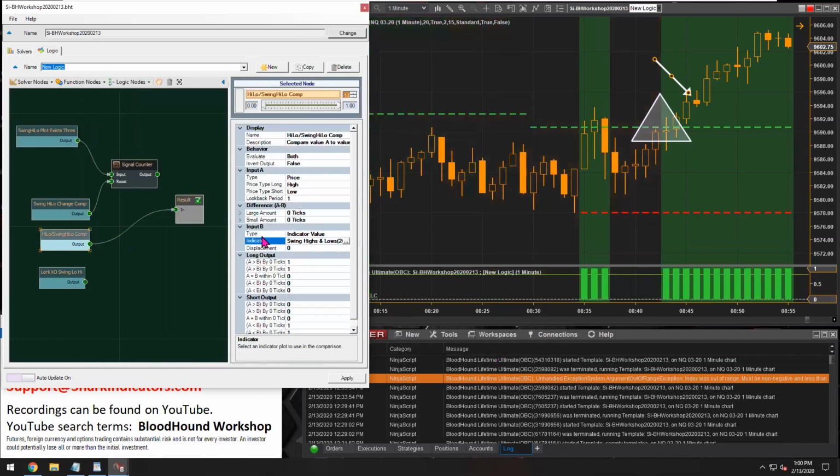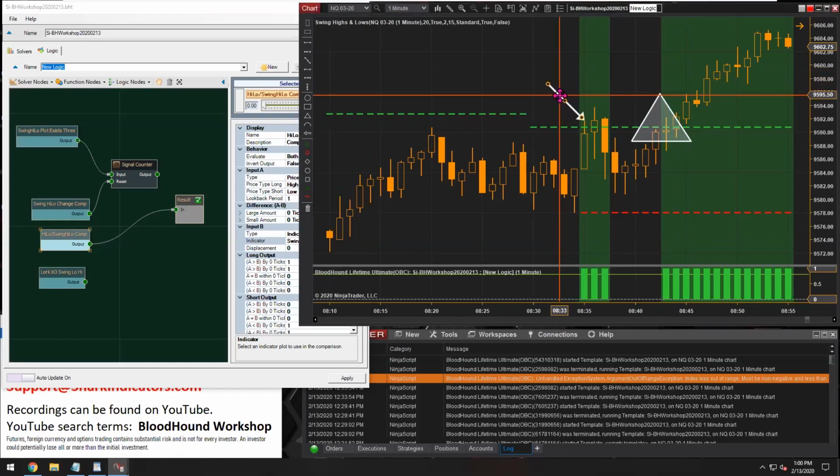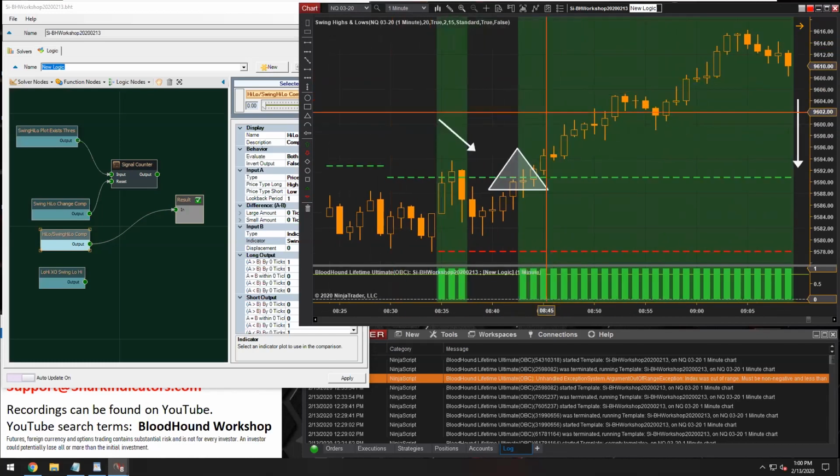All right. And so the swing highs and lows indicator is going into input B. And so there we can see, if the high goes above the swing high, we're getting a long output. So all of these long outputs can be used to reset the signal counter.